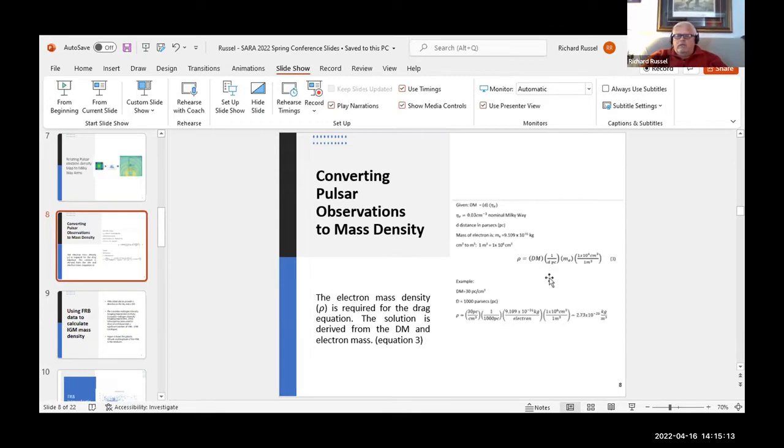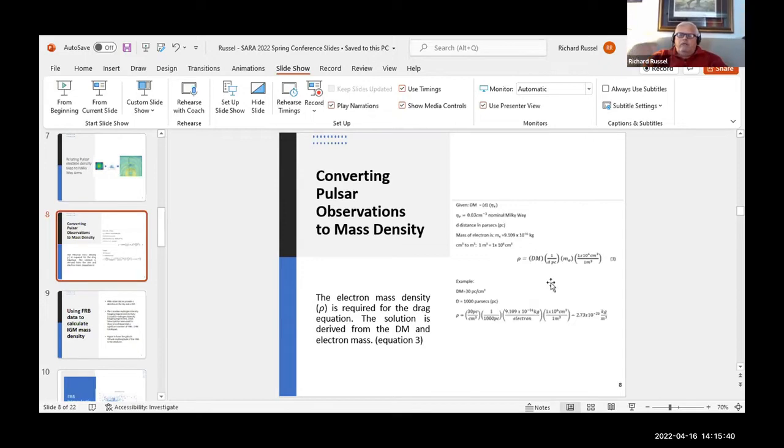One of the key things on this formula is that the distance of an FRB is not necessarily known. The distance of a pulsar, some are known and some are determined through dispersion measure, which is sort of a round robin approach here. But the FRBs' distance is going to be important to figure out what the density is.